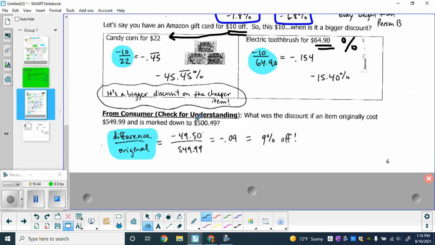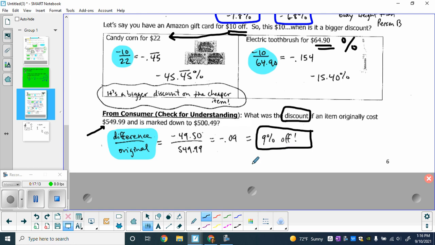But here I'm showing you that now that you understand how to calculate it, you can actually tell me the discount if you know the original price and how much it's been marked down to, because we can calculate here the difference. We're saving $49.50. And you can divide that again by the original price. And when you do that, you're going to get a decimal. And when you move that over twice, we can see here that it's 9% off. That was a 9% discount.